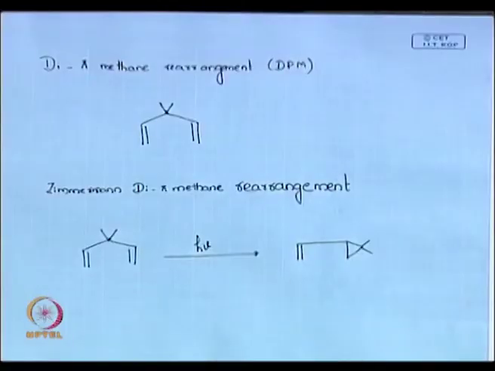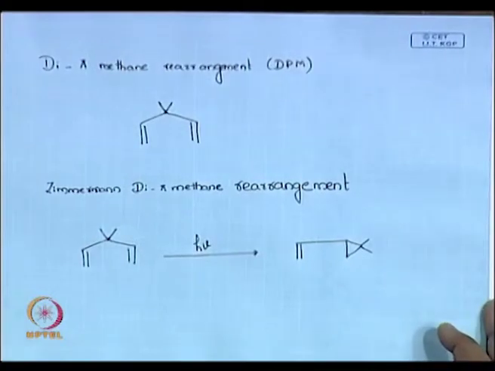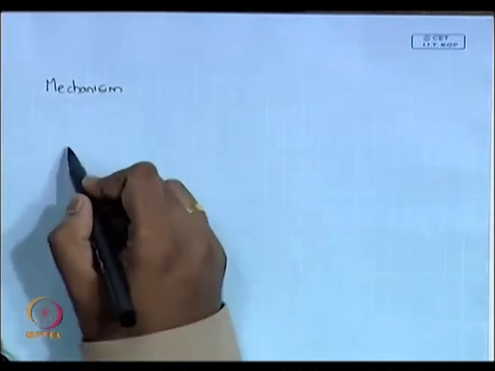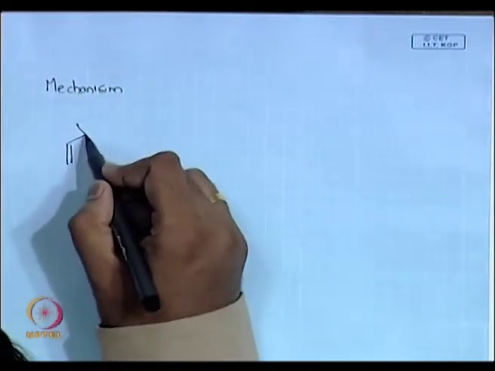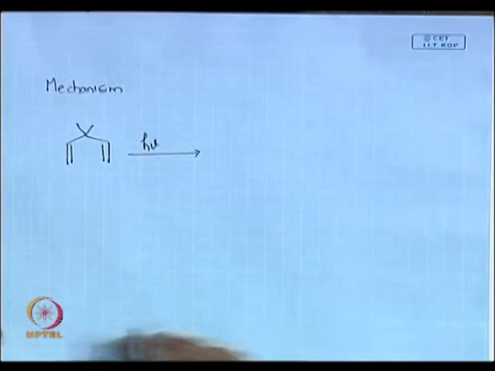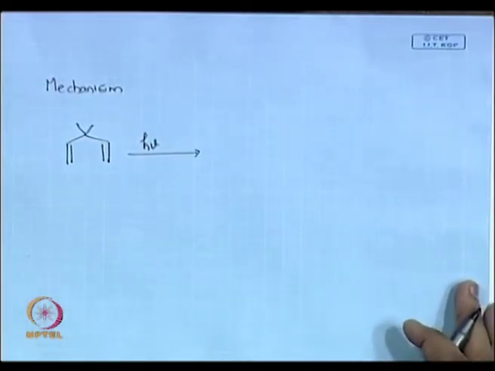If you see the product, it has undergone some sort of rearrangement. You can understand this mechanism in two ways: one happening from the singlet pi pi star, or from the triplet pi pi star. We will first see how it happens from the singlet state.